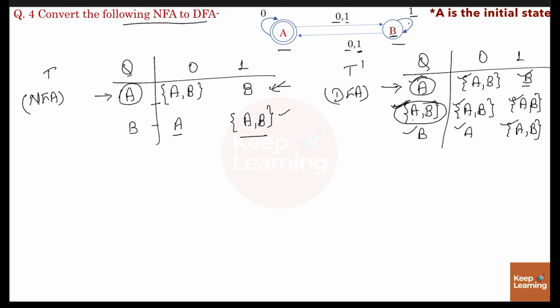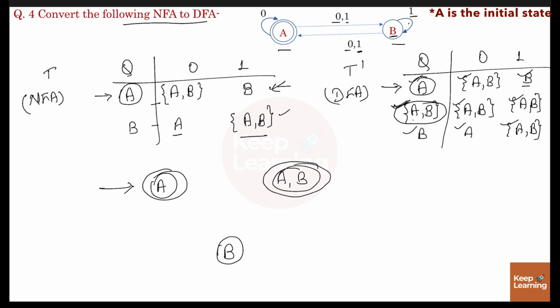Okay, now let's construct a DFA using this table T dash. So here we have 3 states, A, AB, that is your final state, and B. A is our initial state. Now from A by taking 0 you are reaching at AB.